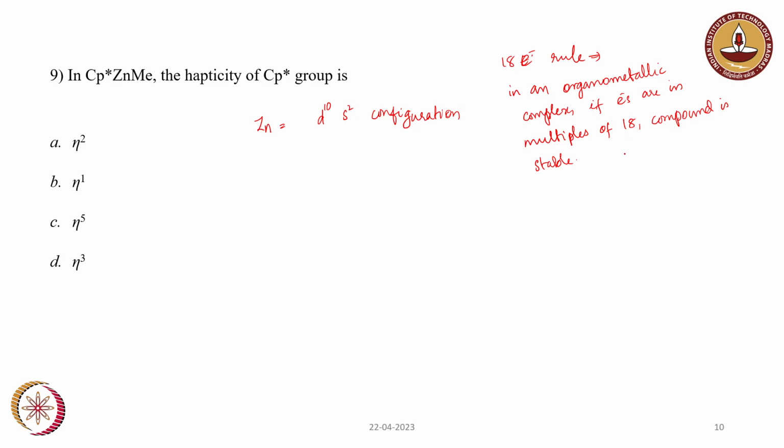In lighter atoms like lithium, beryllium, and all, 8 electrons will be stable.